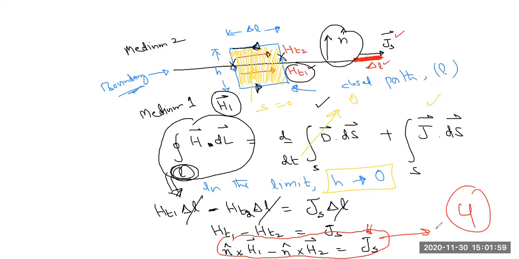So now through this process, using four Maxwell equations, we have derived four boundary conditions. Now I can write them collectively. I will call them general boundary conditions. Why am I calling them general boundary conditions?